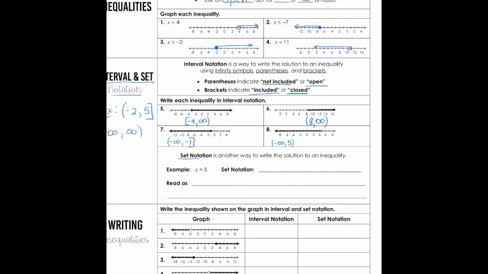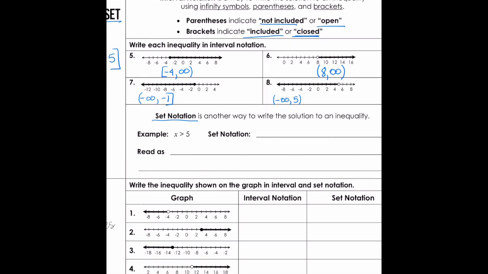Set notation is just another way to write the solution. How do you know which one to use? Well, it's going to depend on your instructor. Whatever they ask for, that's what you need to give them. So this is how set notation is going to look. Let's say I want to write x is greater than 5 in set notation. You start with your brace, and you're going to put x.